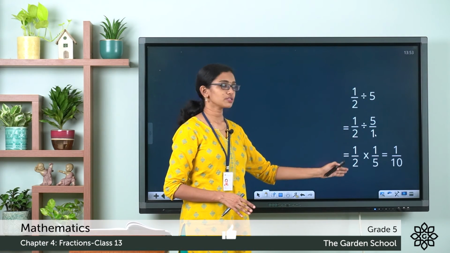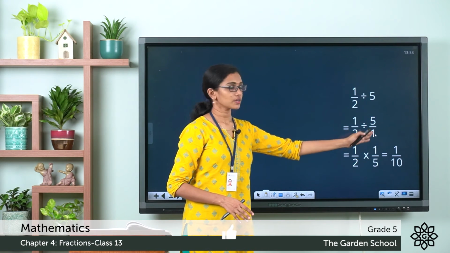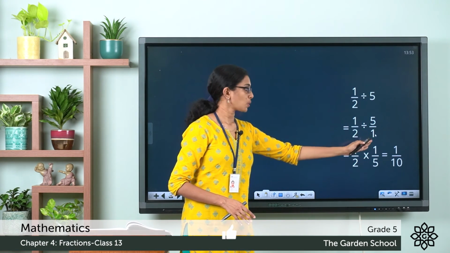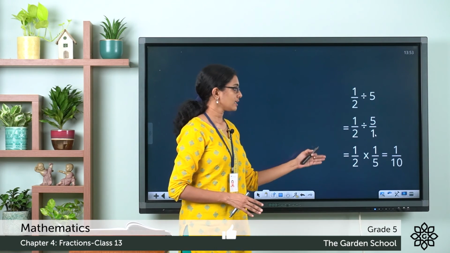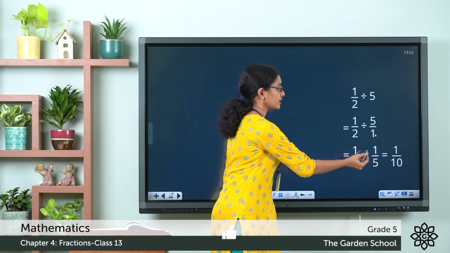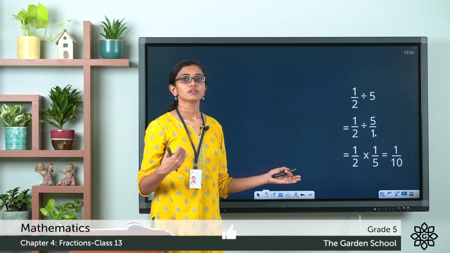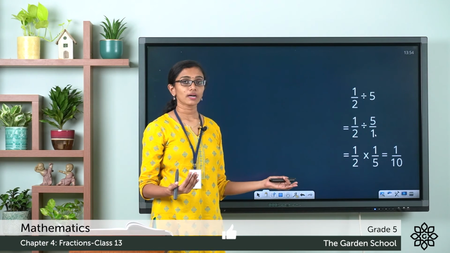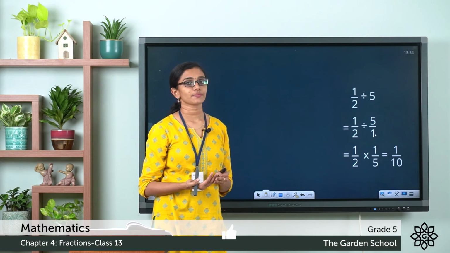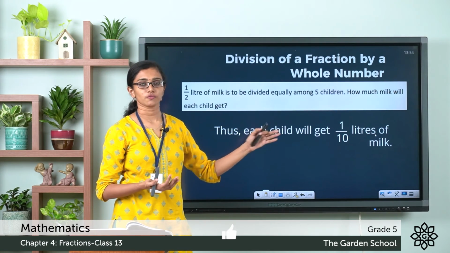So it is 1/2 into 1/5. The multiplicative inverse of 5/1 is 1/5. And that gives you the answer 1/10. 1 into 1 is 1, 2 into 5 equals 10. We were asked to find the quantity of milk each child will get. So each child will get 1/10 liter of milk.